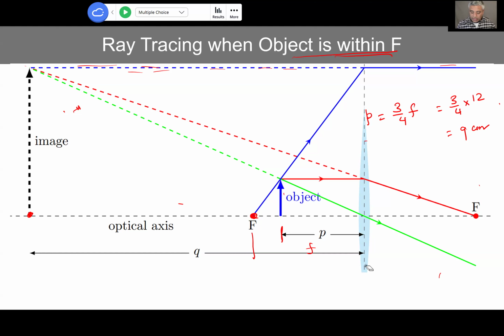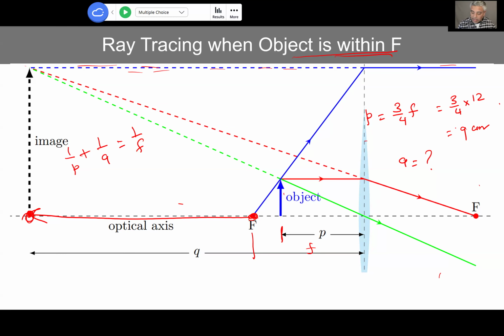Now what we can do is use the mirror formula, for example, in this case. So let's say where the image is. Over here, we are showing it is far from the focal point on this side, right? So if I were to solve this equation, what would I get? 1 over P plus 1 over Q is 1 over F, that is the mirror formula.